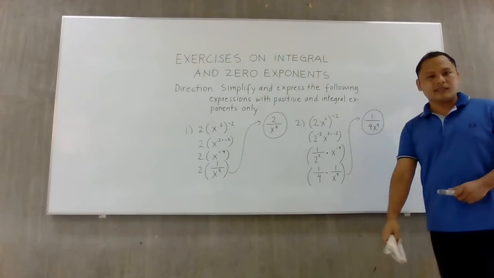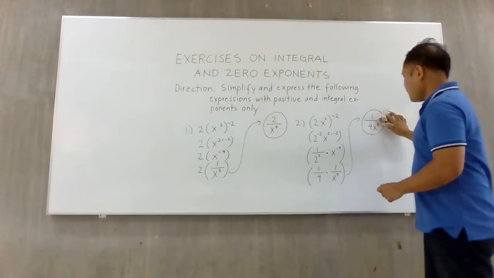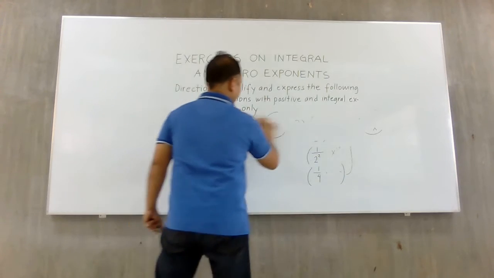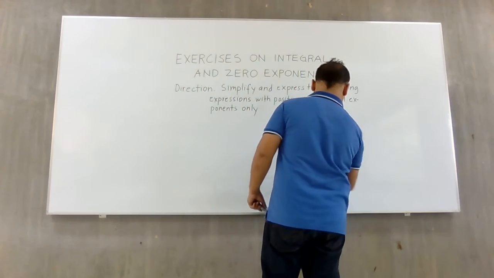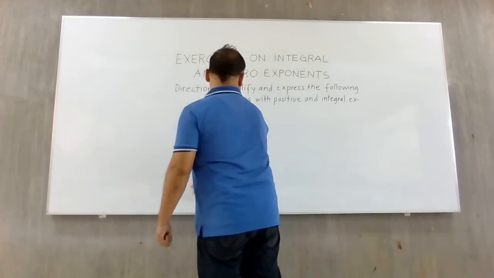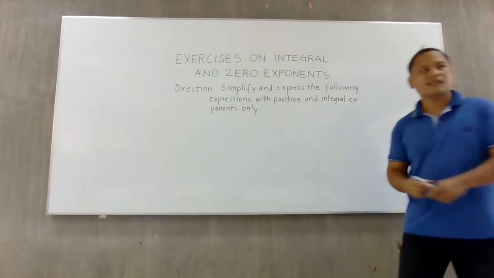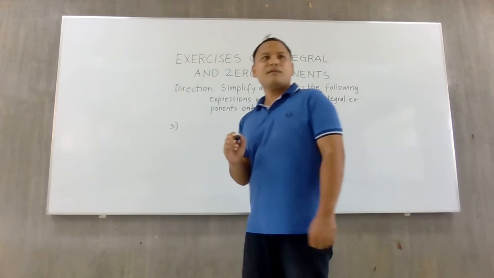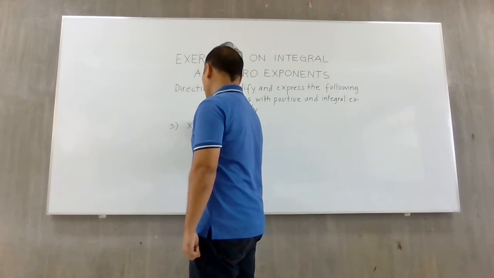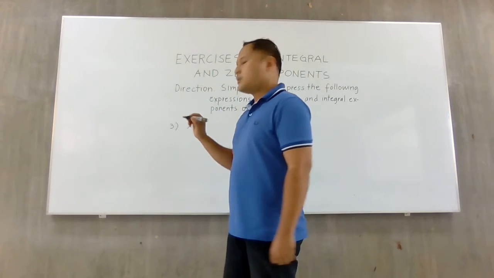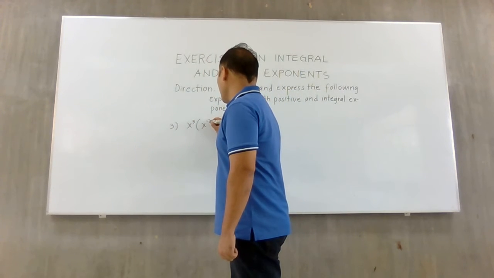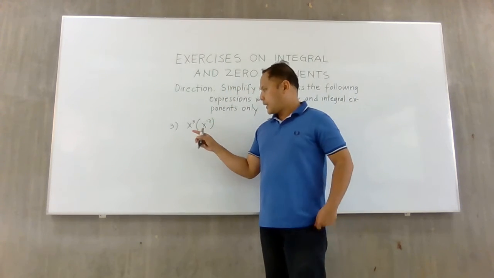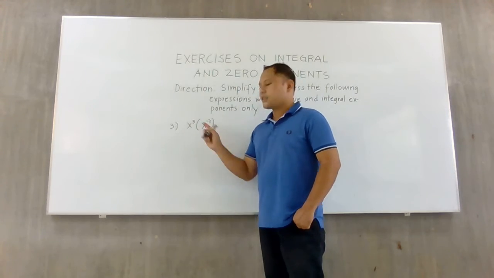Let's have number 3. Very easy: x cubed times x to the power negative 2. Notice that in number 3, we have the same base but with different exponents.